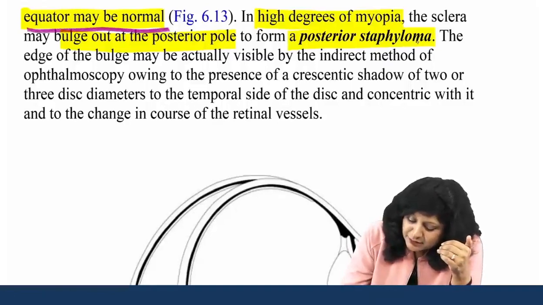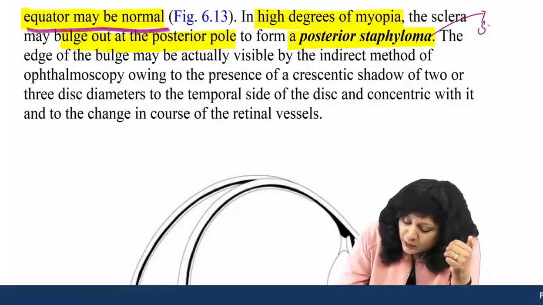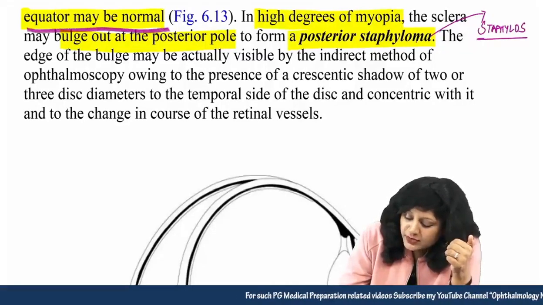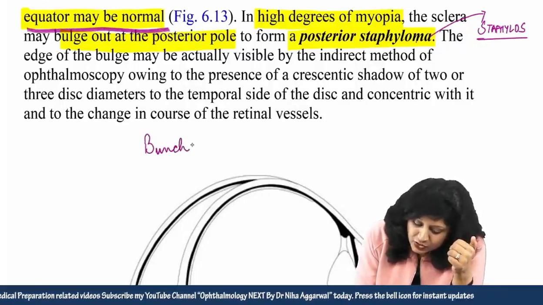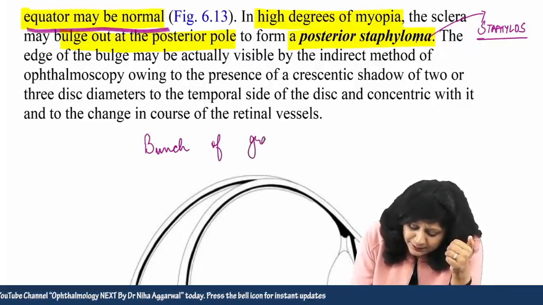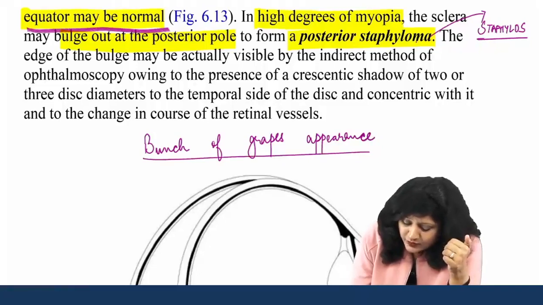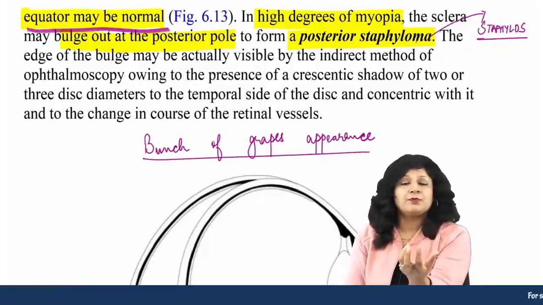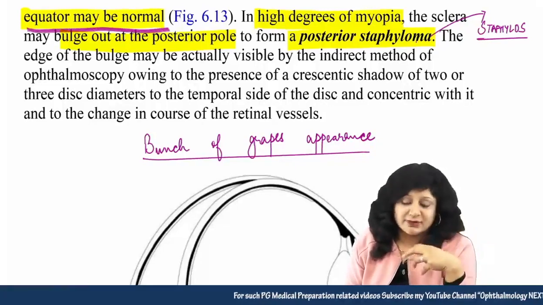If you remember, staphyloma is formed from the word staphyle, and staphyle means a bunch of grapes appearance. This is your bunch of grapes appearance. So when it is protruding from the posterior side, this is called the posterior staphyloma.